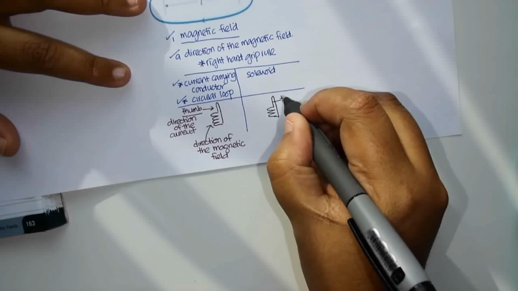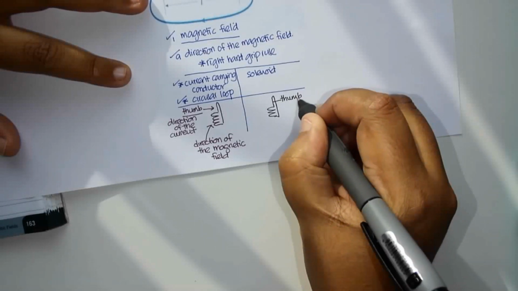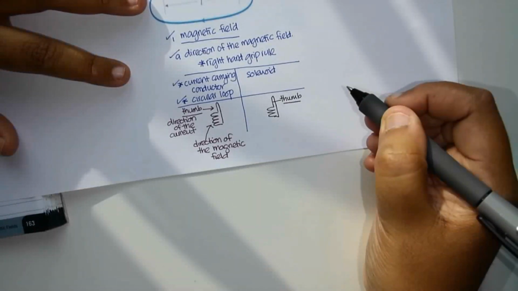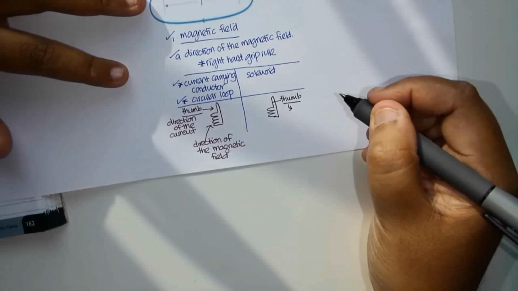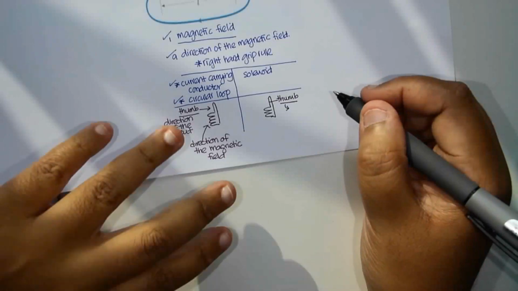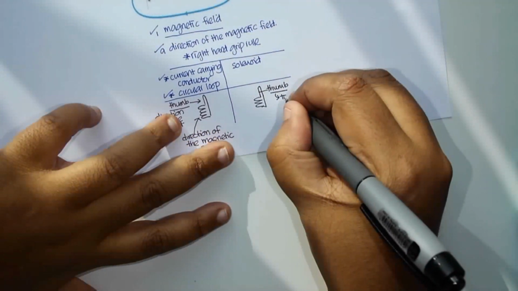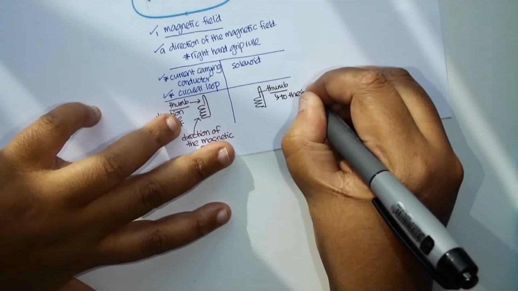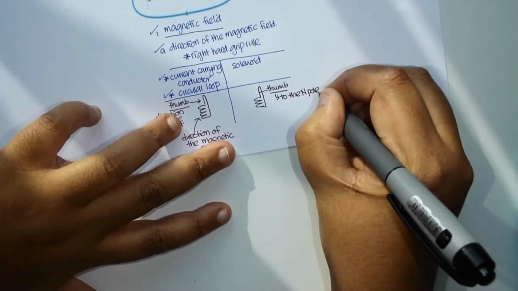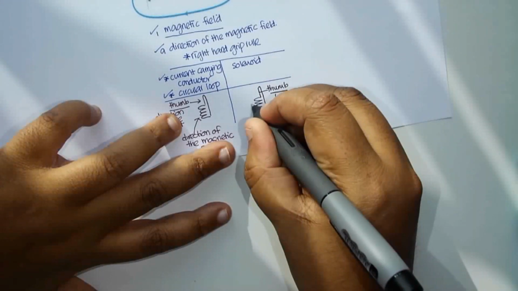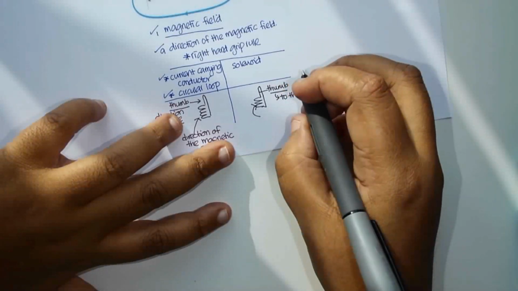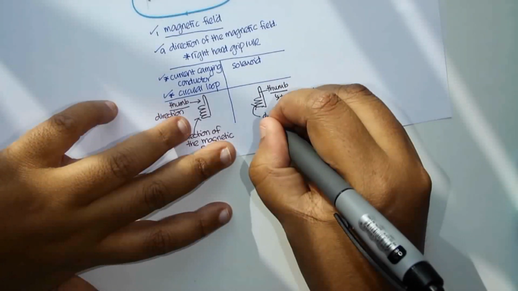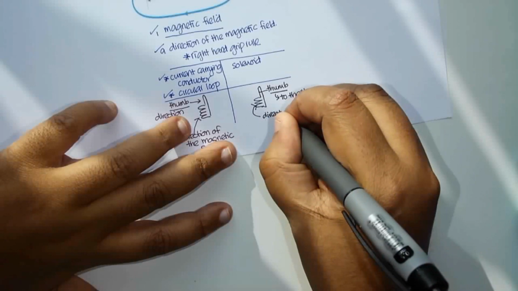Your thumb represents the North Pole. Okay, that will be the right word, the North Pole. And your fingers will represent the direction of the current. It will curl up in the direction of the current.